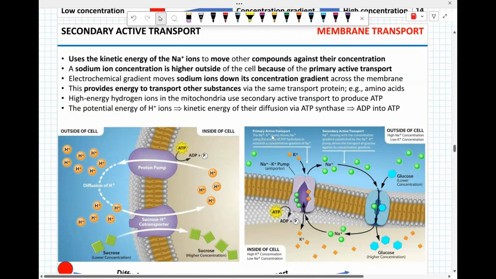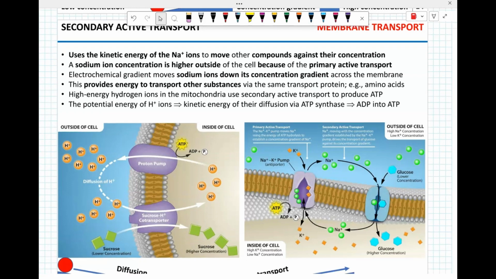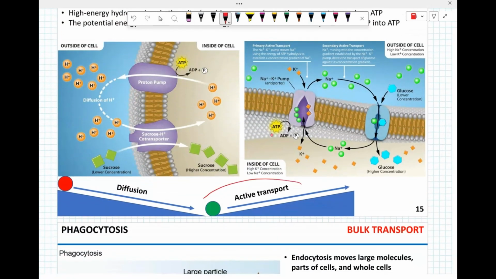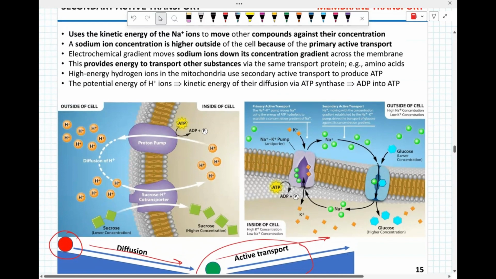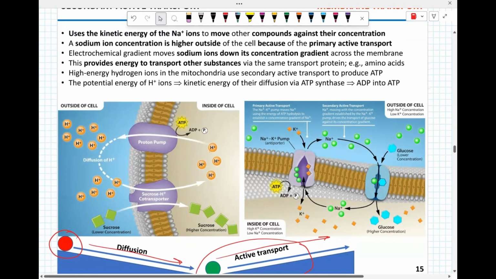Now, the phenomenon of secondary active transport is very common, particularly in the human kidney. So in this case, the active transport uses the energy of diffusion that occurs down the concentration gradient to move ions or any other compounds against their concentration gradient. So we know that sodium ion concentration outside of the cell is higher than inside.